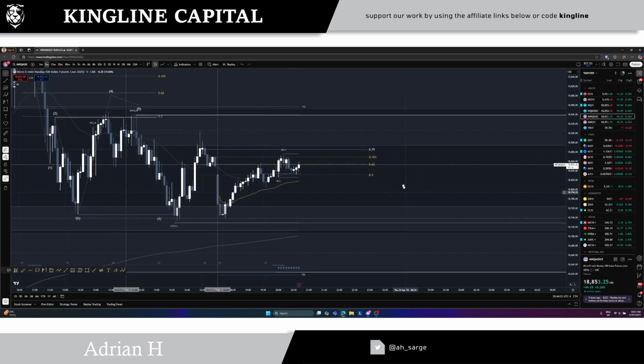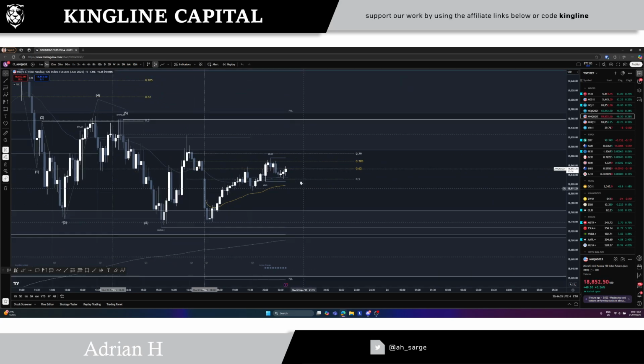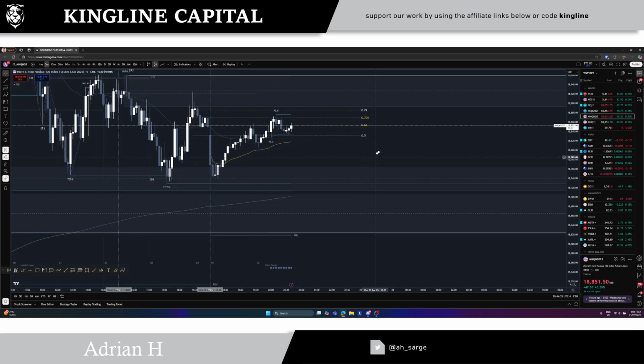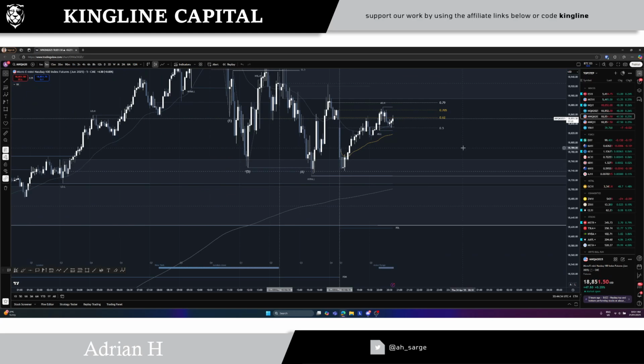I really want to see what Q3 of the 90-minute cycle will do in Asia. If we do get a sweep of Q2 back into this zone and then draw down to NYPM low.